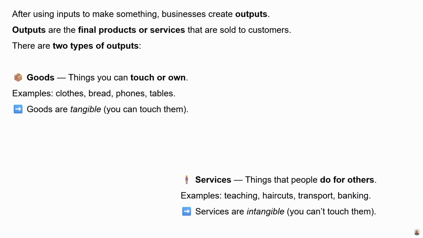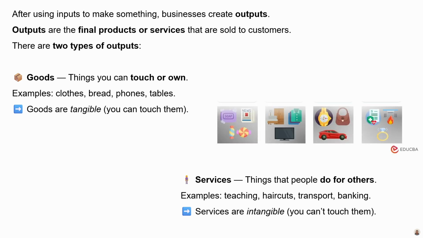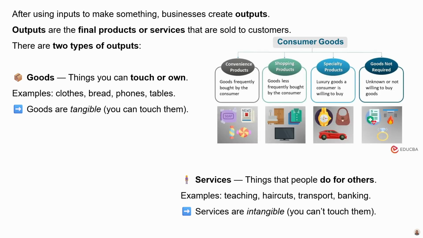Now, after having discussed what the inputs are and our factors of production, we're going to focus on the outputs. Now, the outputs are the final products or services. Now, there's two types of outputs. The first outputs are goods, which are tangible. You can touch it.